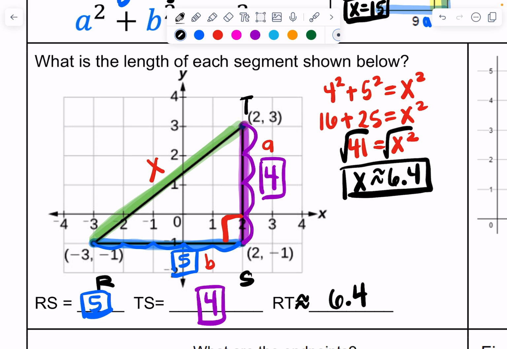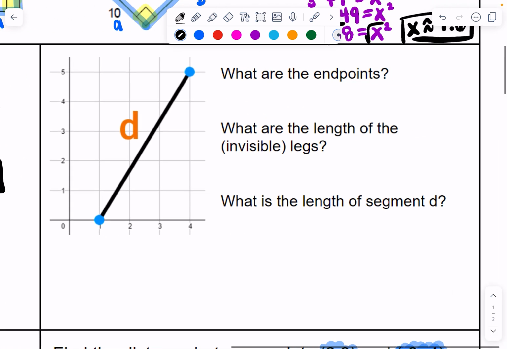All right, in the next example, we have a diagonal line drawn for us, okay? And it wants us to find the distance between those two endpoints. So what we're going to do first is figure out what those endpoints are, okay? So I'll highlight my x and my y-axis. My x-axis moves from left to right.